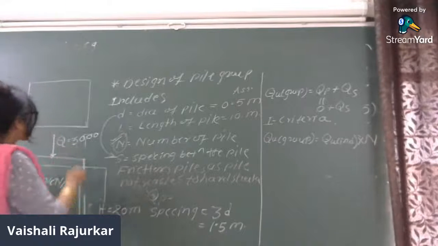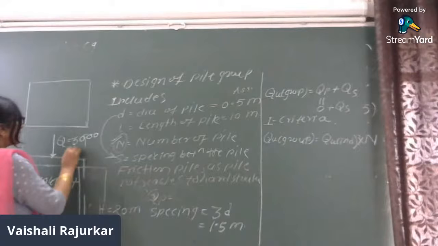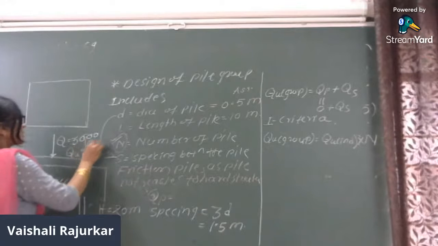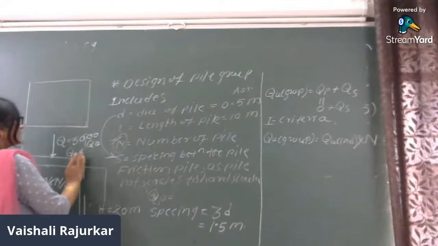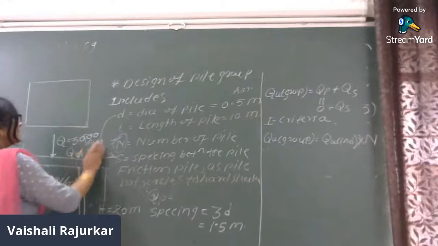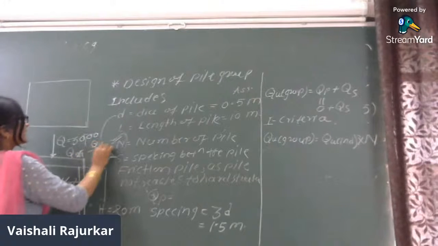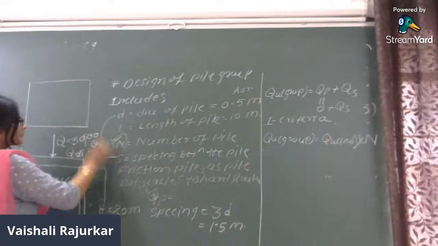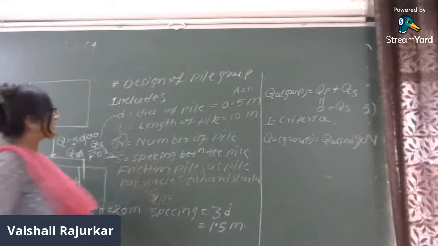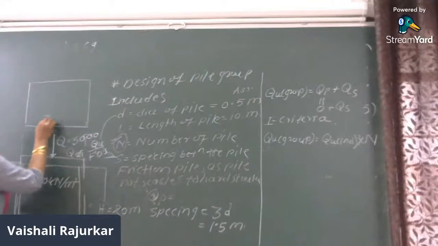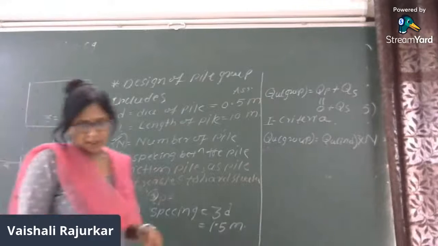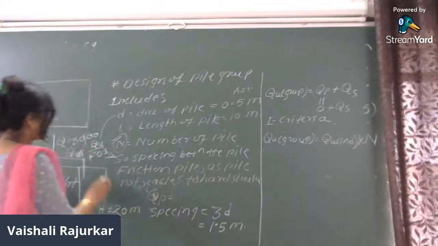So here, Q ultimate is equal to Q allowable times the factor of safety; that is, Q allowable is equal to Q ultimate divided by factor of safety. Here the factor of safety is given as 3.